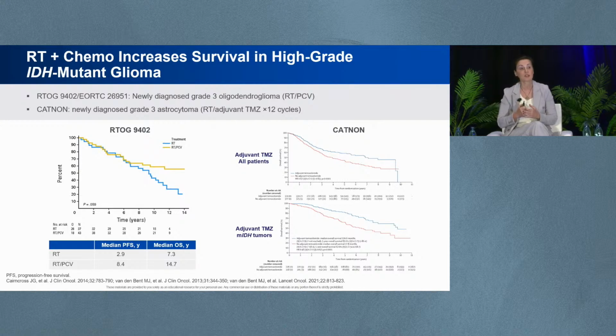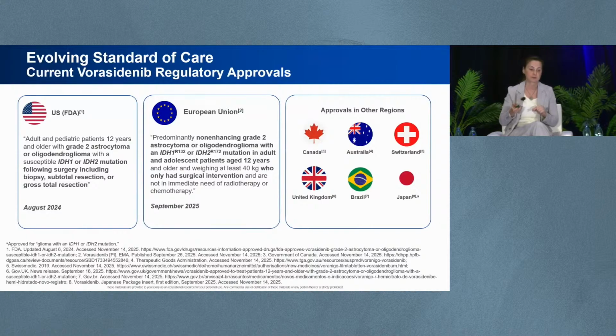And for newly diagnosed grade 3 astrocytoma, based on the CATNON data, we know that use of adjuvant temozolomide for 12 months after radiation therapy significantly prolonged survival versus radiation therapy alone, median overall survival based on the second interim analysis of approximately 7 versus 4 years. And this result was primarily driven by the presence of IDH mutation in these patients.